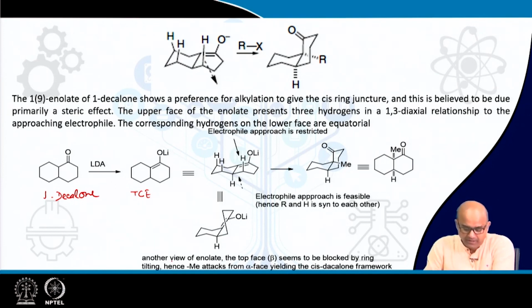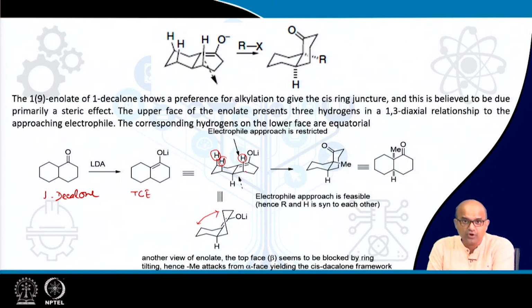If you draw it this way, the top face seems to be completely shielded by these 3 hydrogens, this, this, and this. Even if you draw it this way, the ring tilting makes this portion not accessible. So whatever electrophile is to approach will definitely approach from the alpha face, or the below face.